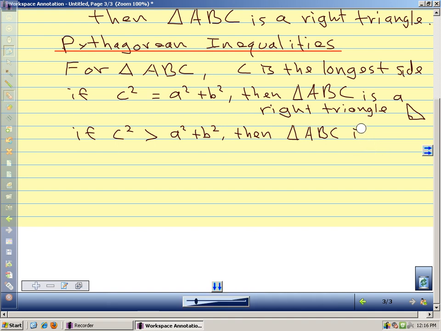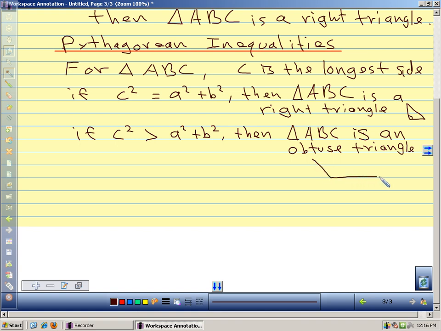We have an obtuse triangle, that's correct. And an obtuse triangle is going to look like this, where this angle is bigger than 90 degrees.